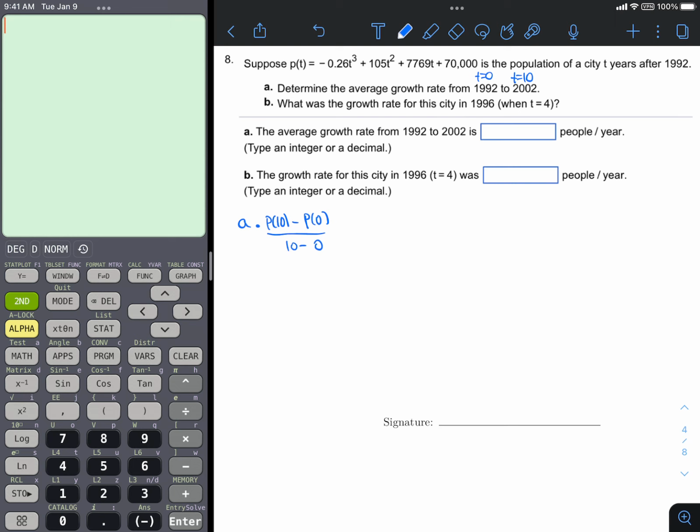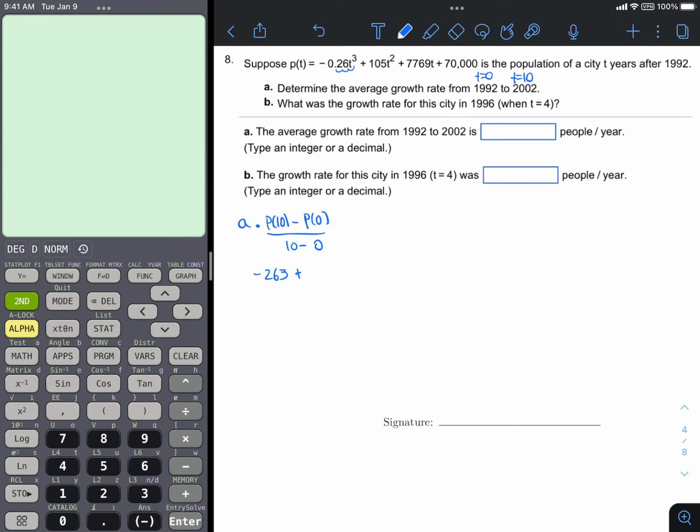Basically we just plug those in. Because 10 is such a nice number to cube and to square, you could definitely do that without a calculator. You could definitely plug in 1,000 times that. So 1,000 times minus 0.26, you just move the decimal place 3 times.